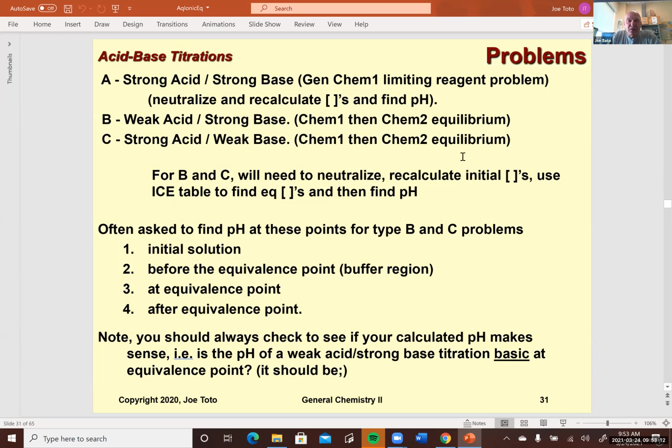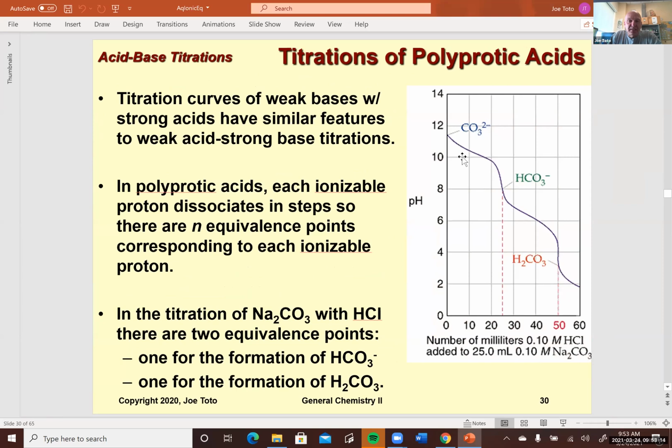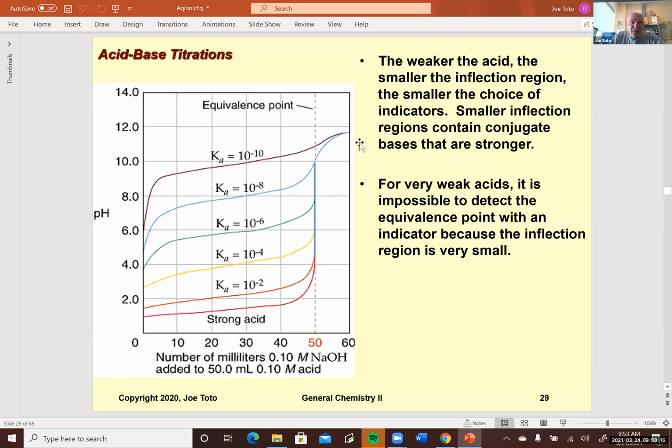And that's why all these curves back here that we looked at the other day, they kind of look all the same after the equivalence point. They all mesh into one curve at the end because the pH is dictated by that excess sodium hydroxide.